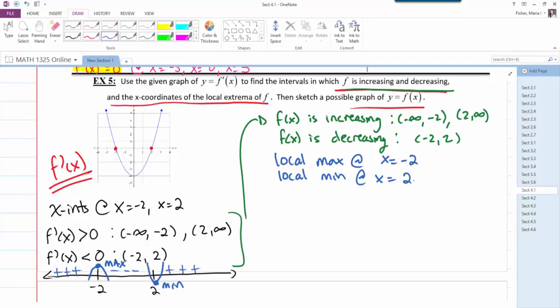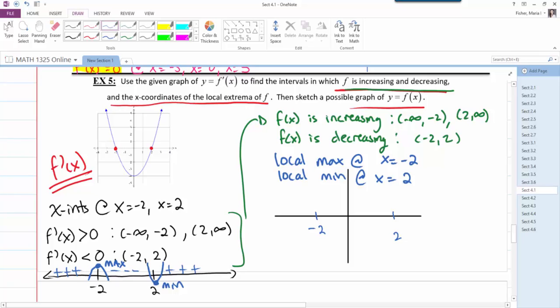So now it's asking us to finally sketch a possible graph of the function. Again, what do we know? We're going to have a local maximum at negative 2 and a local minimum at positive 2. So this value has to be a maximum and this value has to be a minimum. What else do we know? Our function is increasing from negative infinity to negative 2, which means it has to be going up.